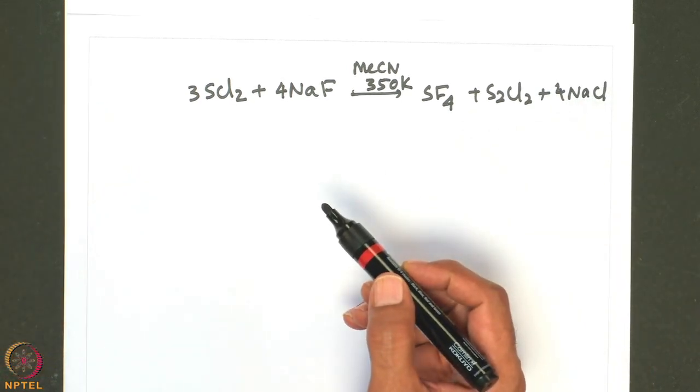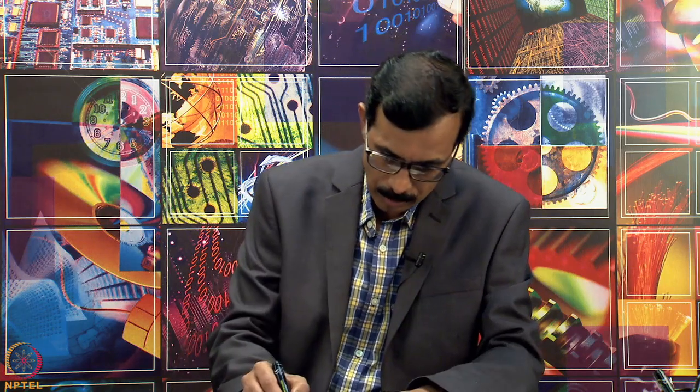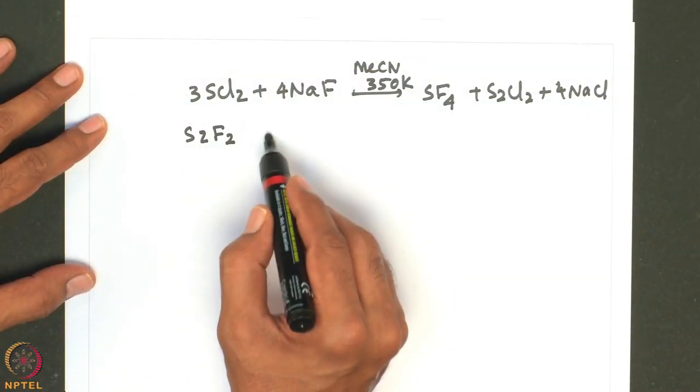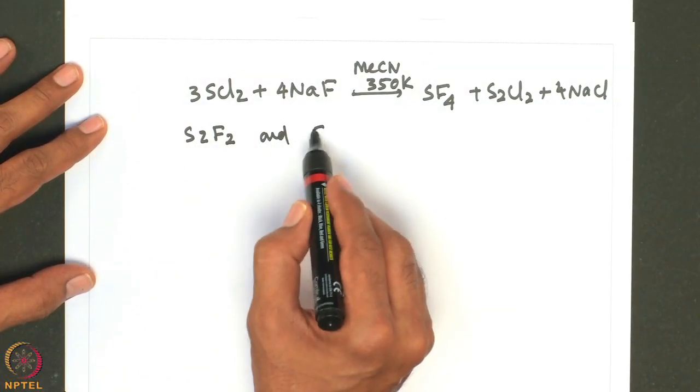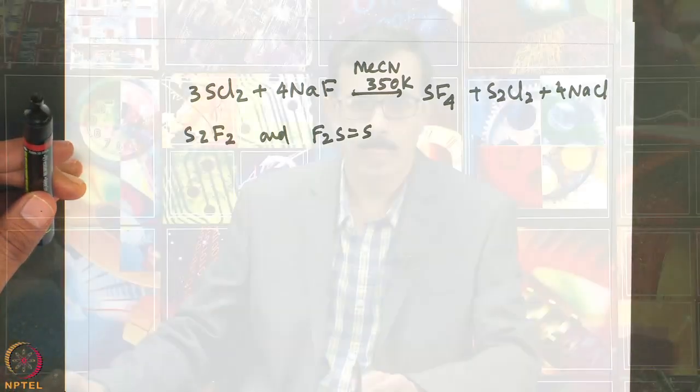Okay. So, both SF4 and SF6 are highly stable. Disulfur difluoride exists as 2 isomers, that is S2F2 and F2S double bond. Okay. So, I will write the structure of these 2 structural isomers.